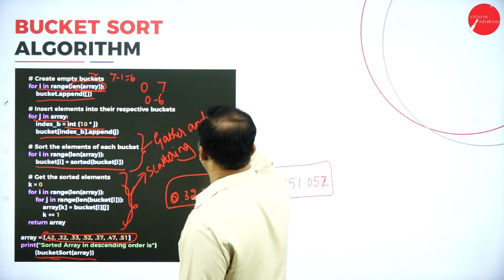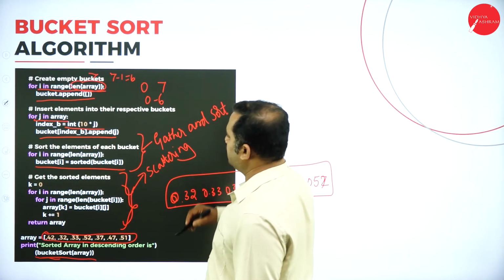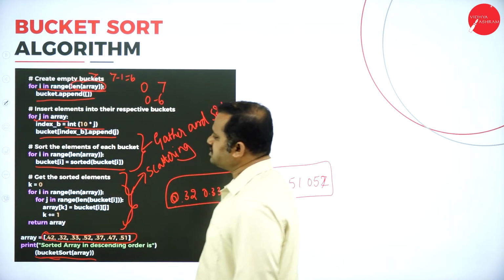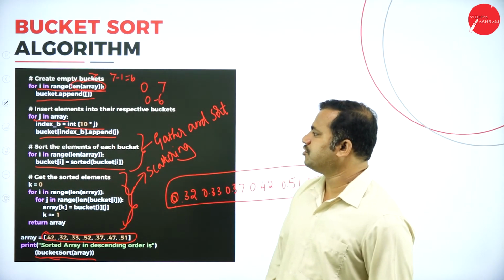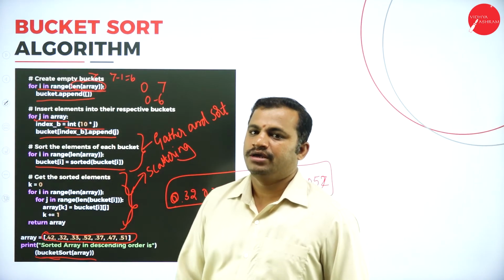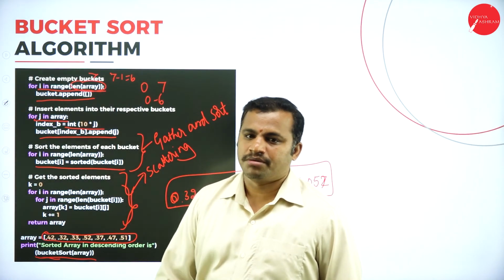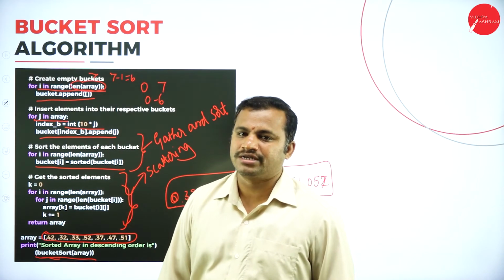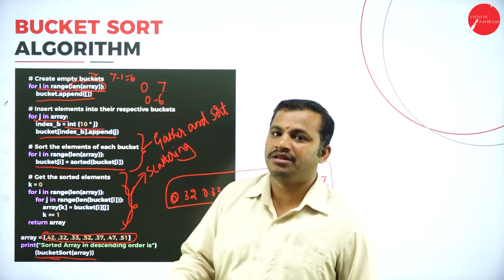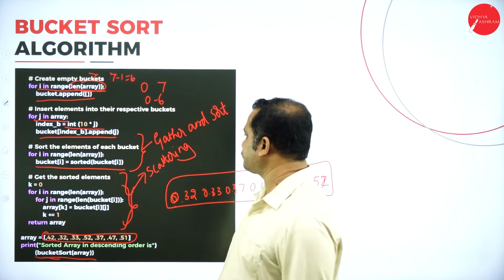Gather and sort. Then sorted of bucket. Which sorted bucket am I going to consider? Any of the techniques like quick sort, merge sort, heap sort, selection sort, bubble sort, or any of the sorting techniques can be used to sort the elements in each of the buckets.